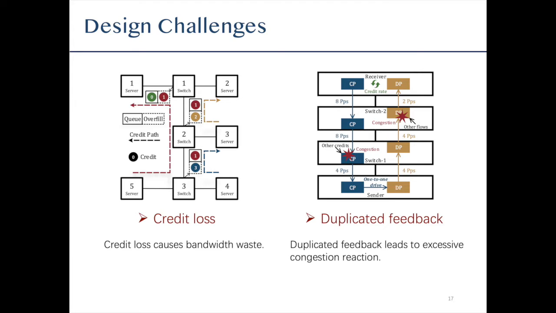As the credit drives data in a one-to-one manner, the sender sends data packets at the rate of 4 PPS. When the data flow arrives at switch 2, the data processor of switch 2 is congested and the flow transmission rate is dropped to 2 PPS. Consequently, the congestion feedback will be duplicated, delivered from both the credit and data planes. And this may lead to excessive congestion reaction.